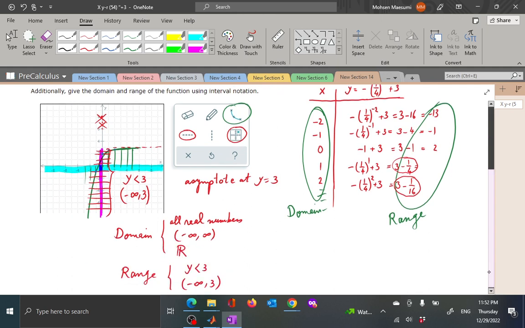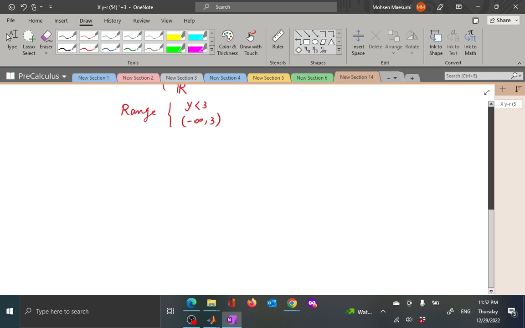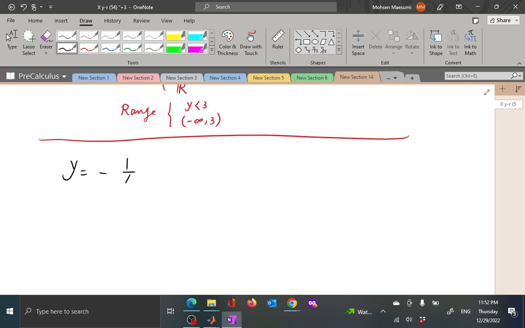Fast way, we go describe functions a little bit in more detail. So again, here I have y is equal to -(1/4)^x + 3. I see several activities here. One is I am taking a number and taking the reciprocal of it. So that's one action. I want to understand what that does to my function.